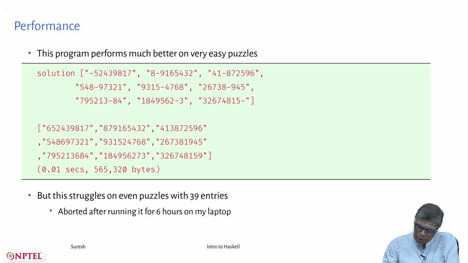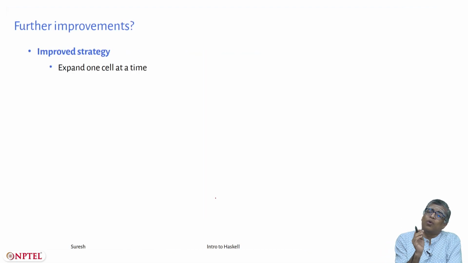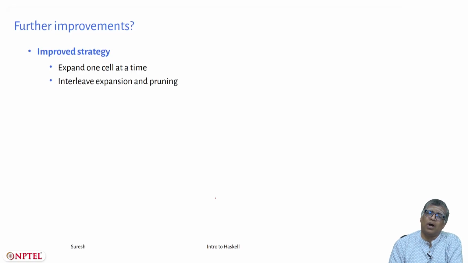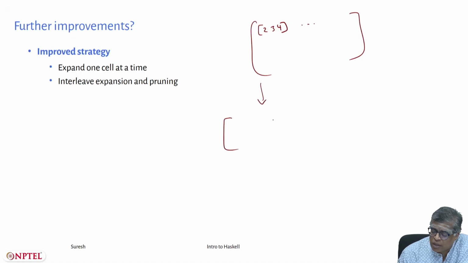That is the actual final solution. Expand one cell at a time. Okay, and you have to interleave expansion and pruning. After expanding one cell, meaning that if I have 2, 3, 4 here and various things here, I will now create a list of grids where the other things are this, but this will be 2.